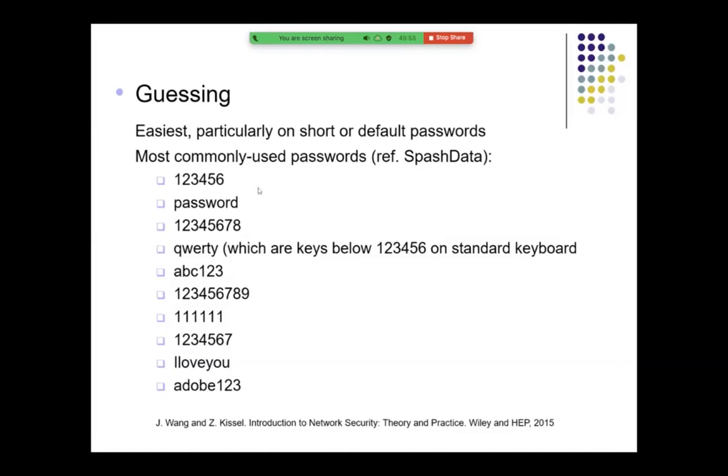So let's say you have 1 million usernames and maybe 0.1% of users use these common passwords. Then of course you can get into a lot of users' accounts. So this is a guessing attack.